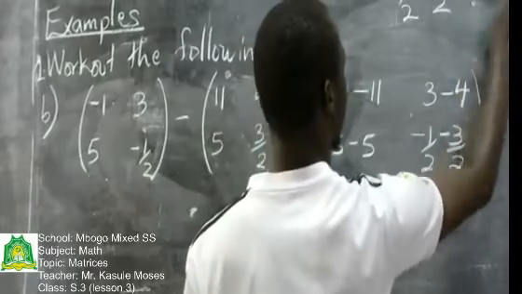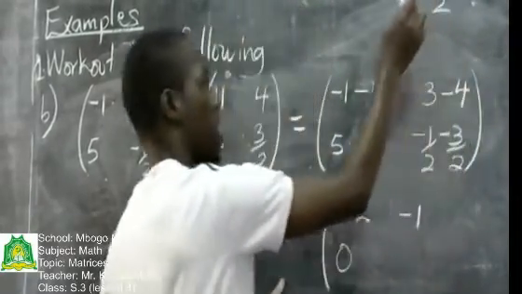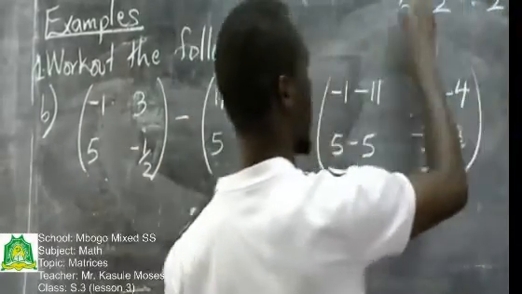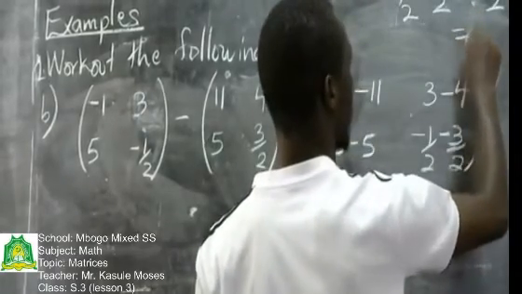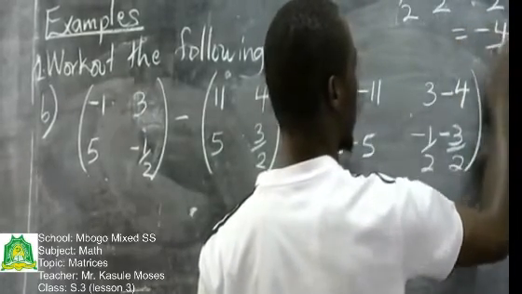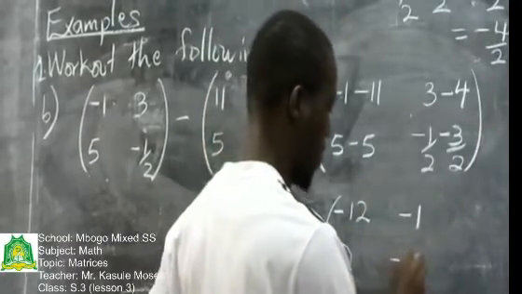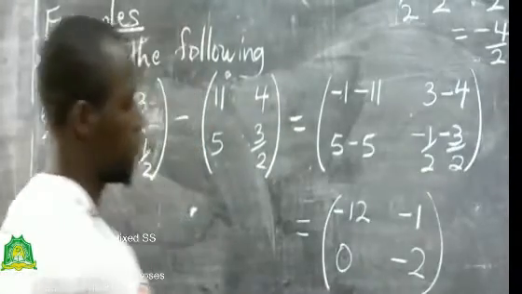The LCM of 2 and 2 is 2. The denominator is the same, so I can just subtract the numerators. So that one I'm getting negative 4 out of 2, and that one I get negative 2 as the answer.